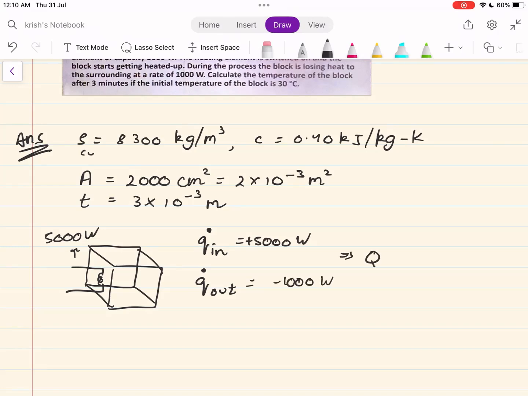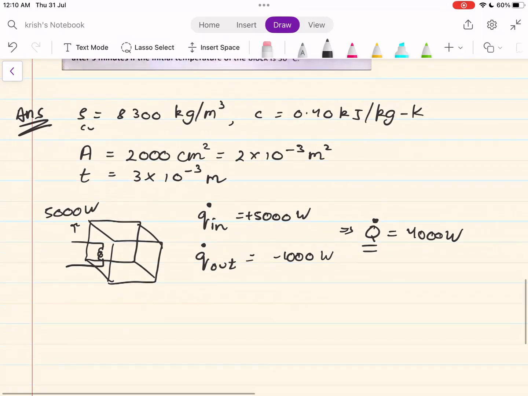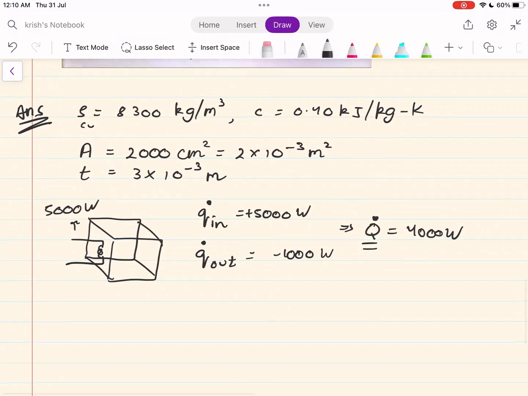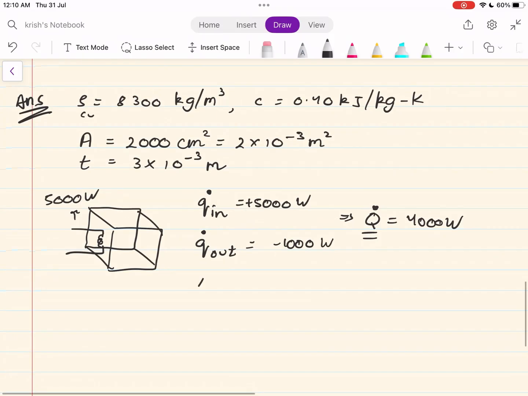So the net rate of Q is 4000 watt. The net rate of heat exchange is 4000 watt, right? Also, delta T is 180 seconds and T1 is 30 degrees Celsius.